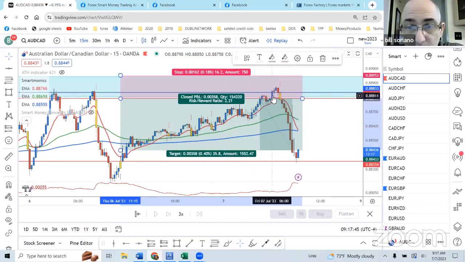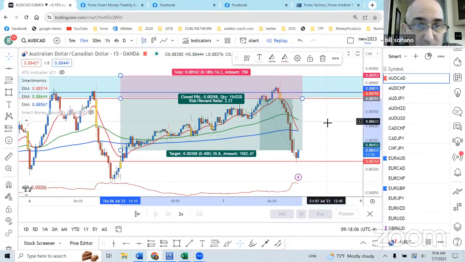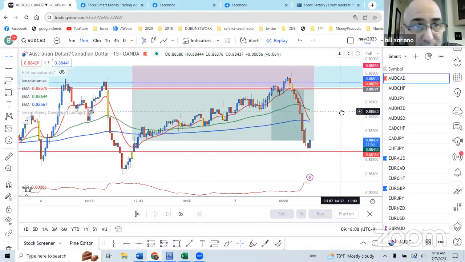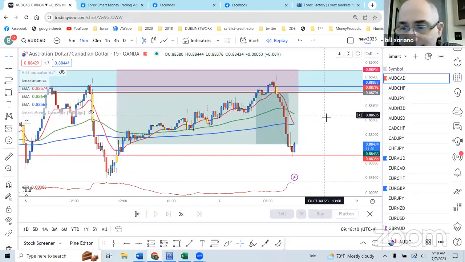Price came up, we got entered into this trade right here, 4:30 a.m. this morning, and then we could have gotten out right before the news came out. Or we could have just stayed in and it would have hit our take profit. Either way, it's a winning trade for us. So this was a winning trade in AUDCAD.